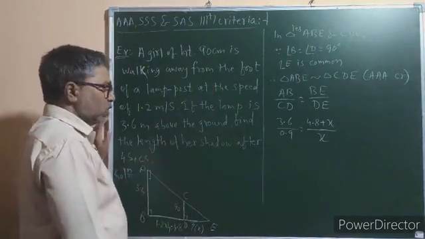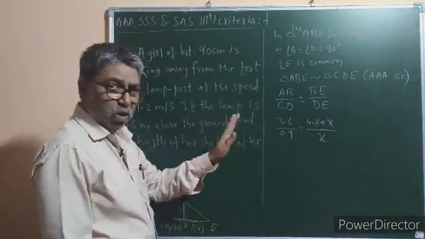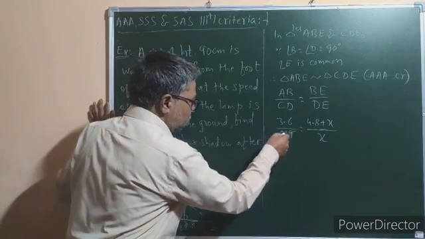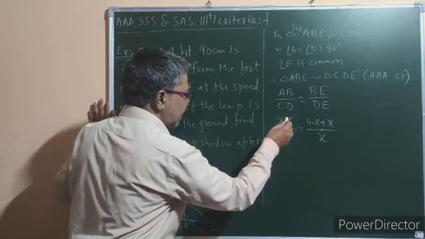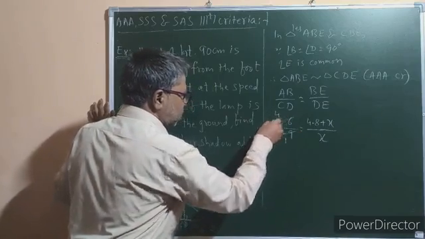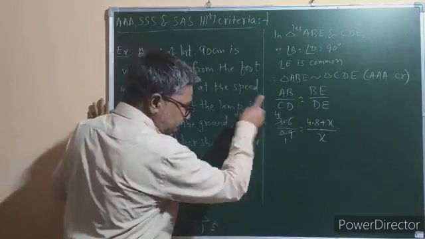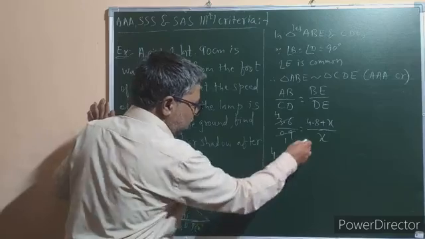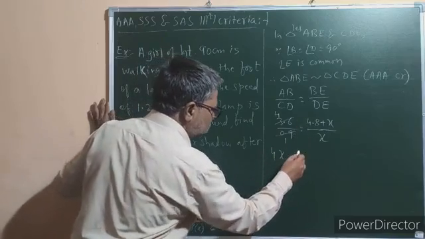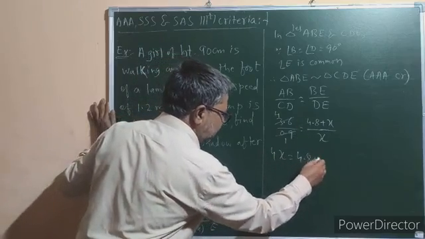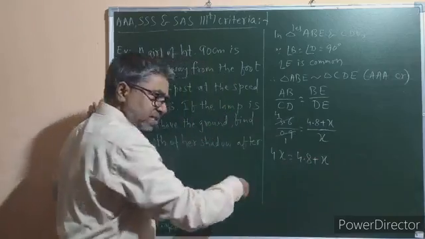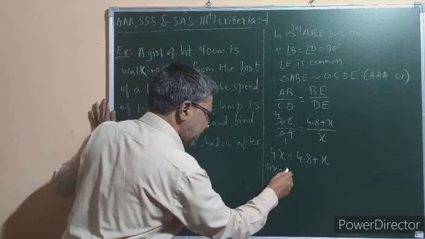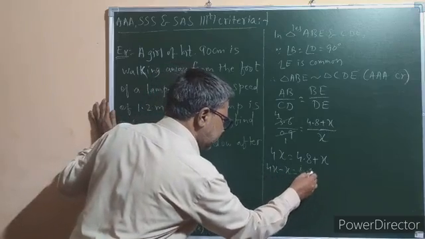Now before taking cross multiplication, let us simplify here. 9 ones are 9, 9 fours are 36, so 3.6 by 0.9 is 4. Now take cross multiplication. 4 into X is equal to 4.8 plus X. Bring X to this side. 4X minus X is equal to 4.8.